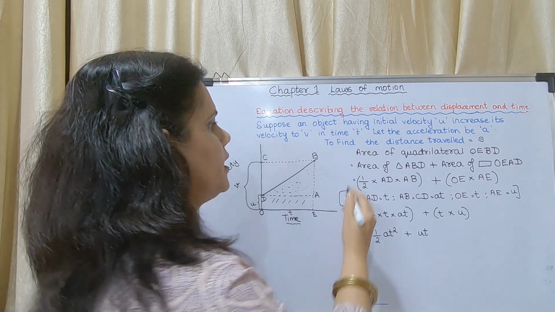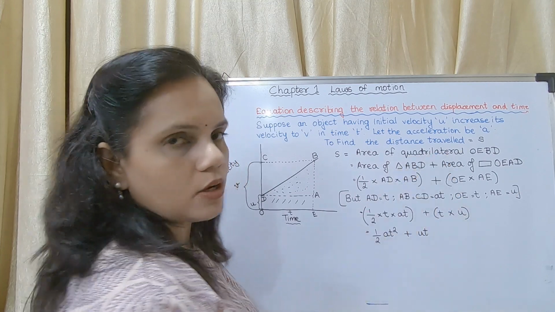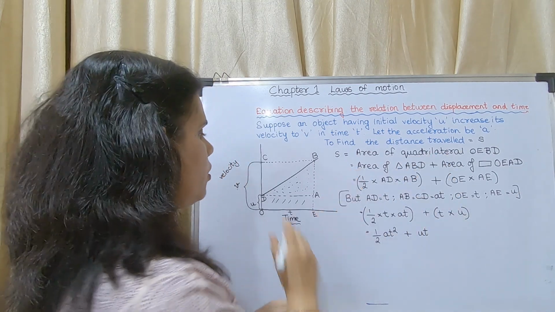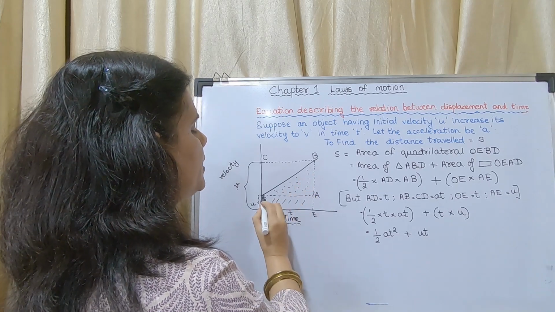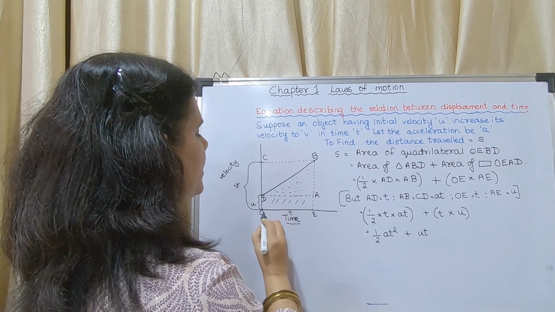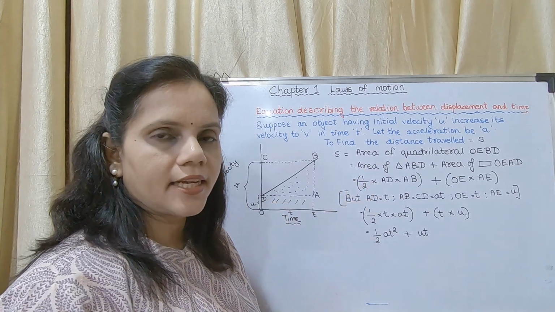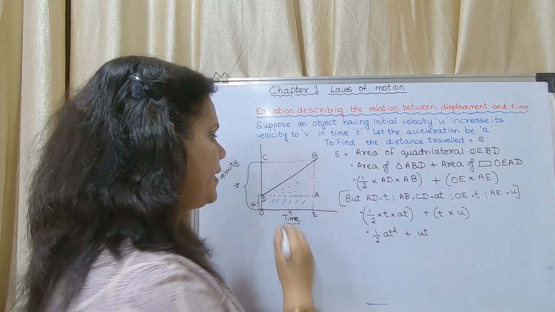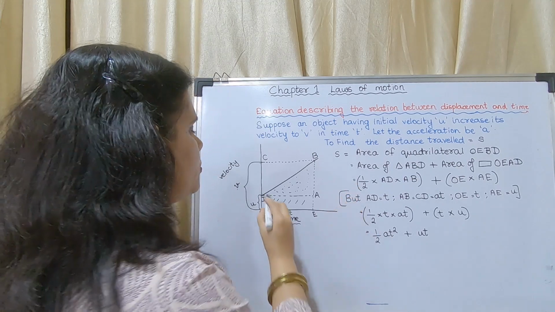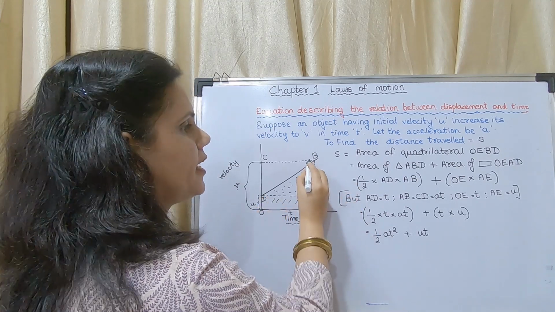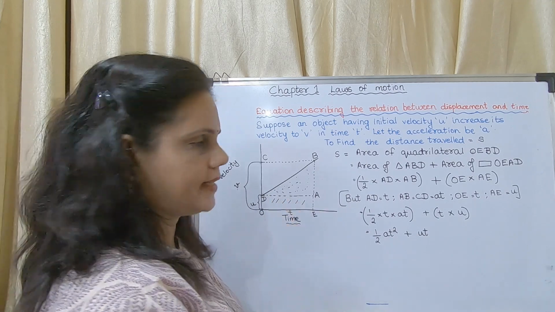So S is equal to area of quadrilateral OEBD, that is the total part: area of triangle ABD plus area of rectangle OEAD. Area of triangle is half into base into height, so half into AD into AB, and OE into AE for the rectangle.